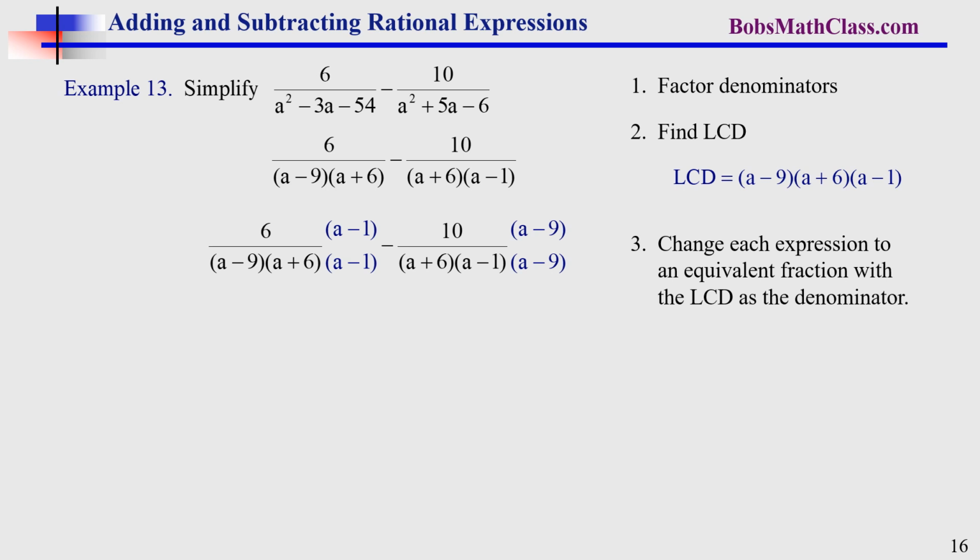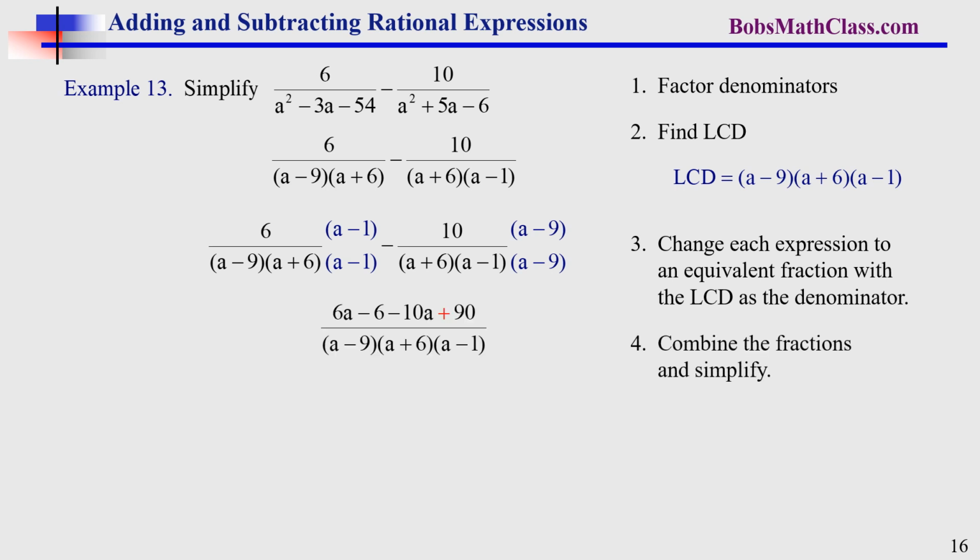Distribute the 6. Distribute the negative 10. 6a minus 6 minus 10a plus 90. Add the like terms. That should give you negative 4a plus 84 all over a minus 9, a plus 6, a minus 1.